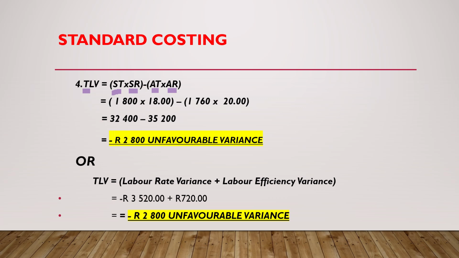Or we can also use this formula instead of this one. You can use this one depending on the information given to you on the question paper. Total labor variance is labor rate variance plus labor efficiency variance.